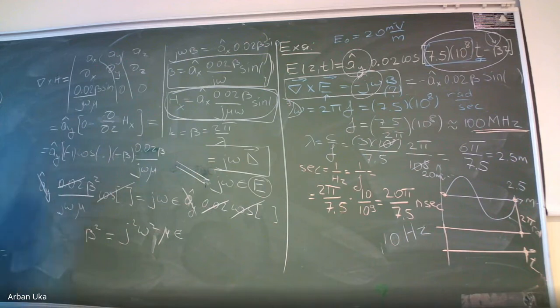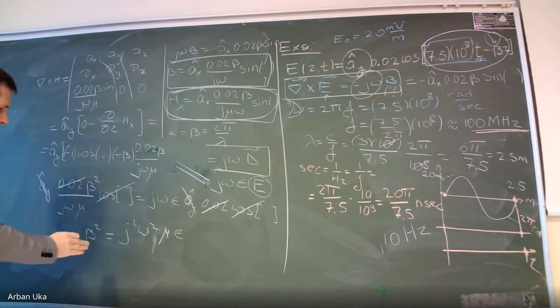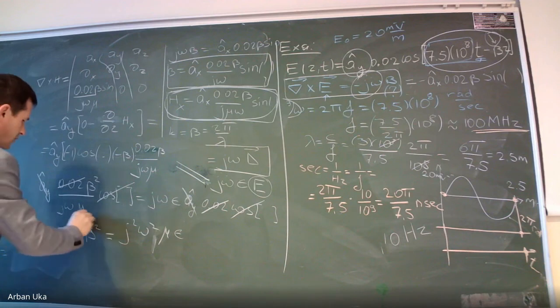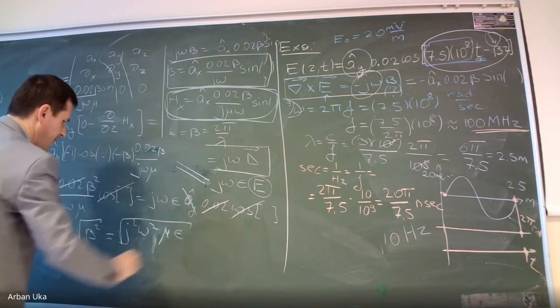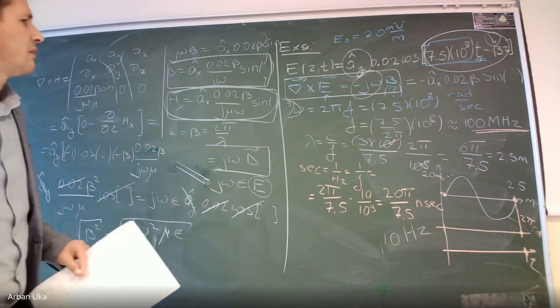And this beta, apparently, even though we might have expected that this was an independent variable, apparently this is strongly linked with these, because what we did, we applied Maxwell's equations twice. We find out now that beta is equal to all of these terms. If we take the square root of both sides, it looks like the beta, which is equivalent to k. Since we're going to see this quite a lot, let's take out some information here.